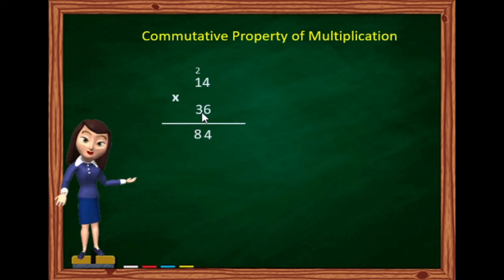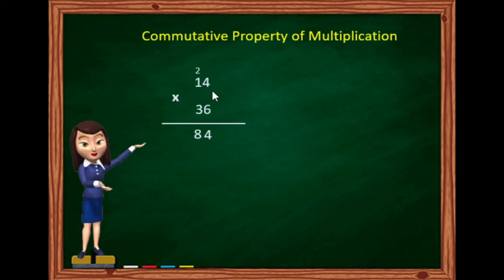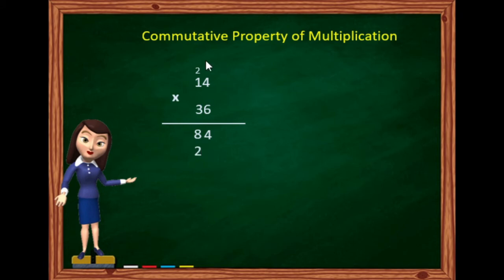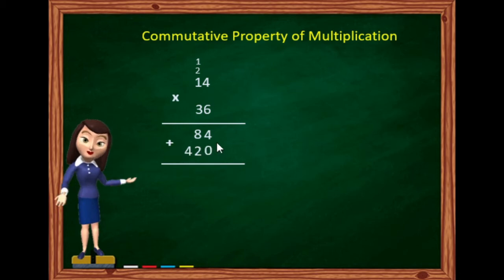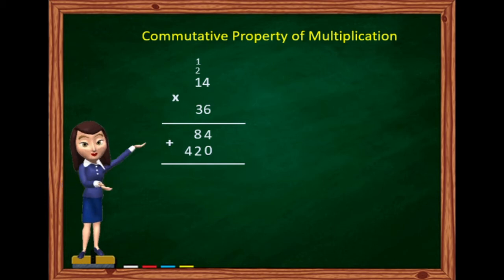But we still have 3, so let's continue. 3 times 4 equals 12. Bring down 2, carry 1. Then 3 times 1 equals 3, plus 1 equals 4. Add them together. You can add 0 as the placeholder before you solve them.